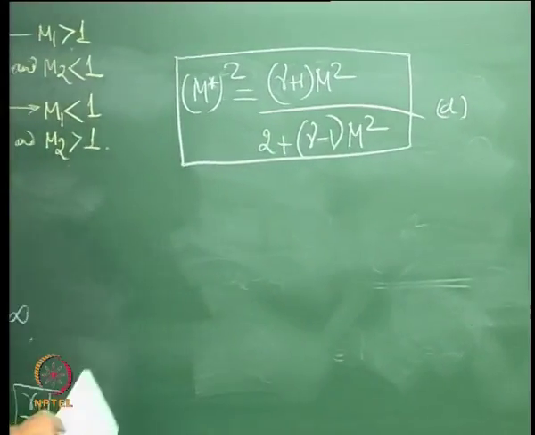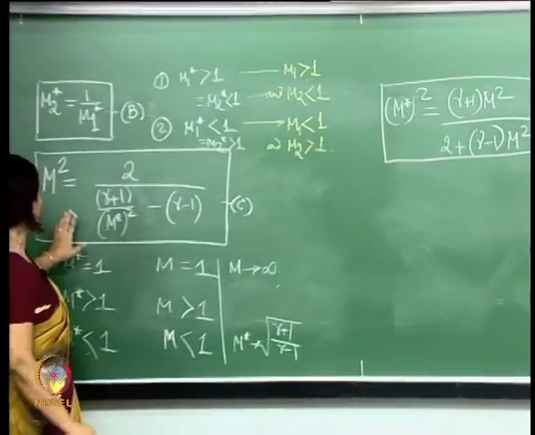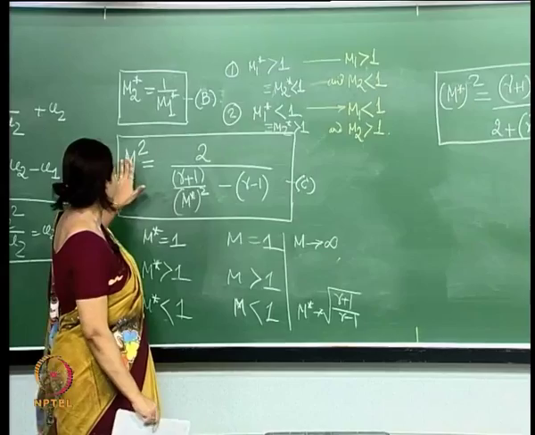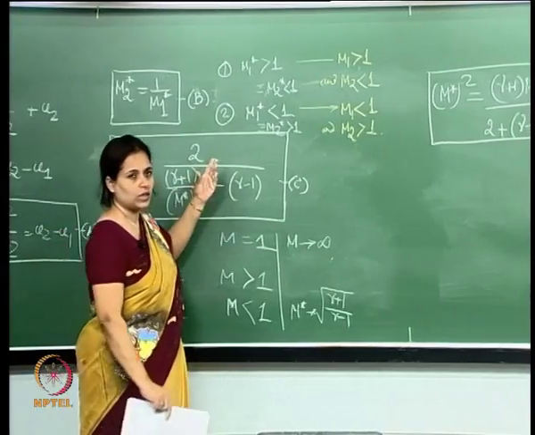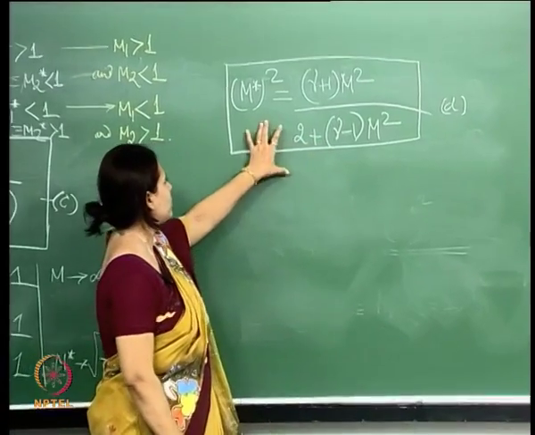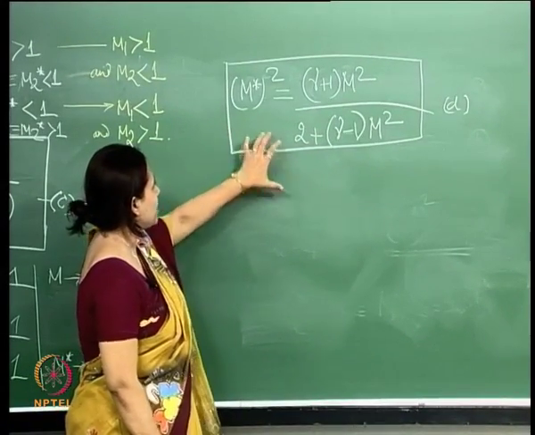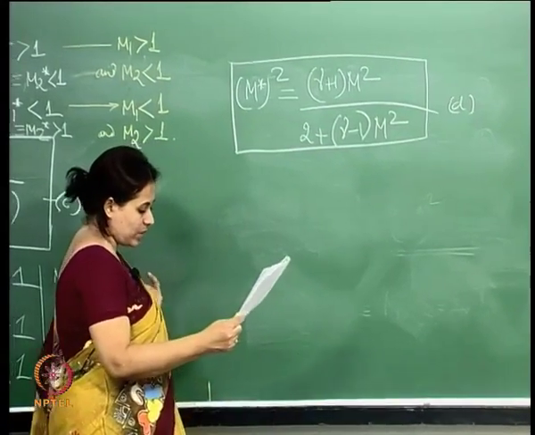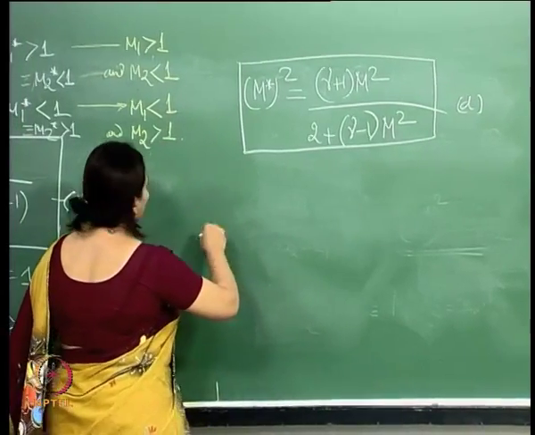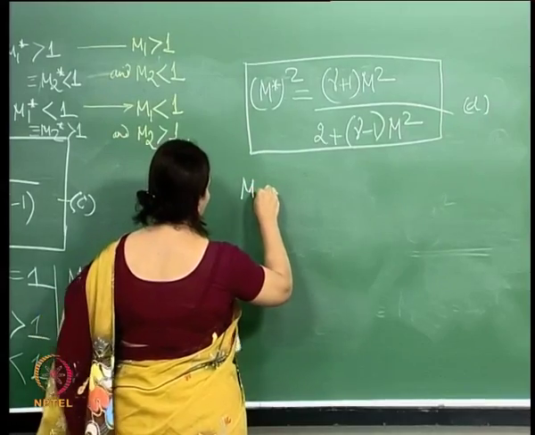I am just writing this relationship in terms of m star instead of m square. It is just rewriting the equation, nothing new over here. So, then this is the characteristic Mach number. Okay. Now, what I will do is introduce this into this.